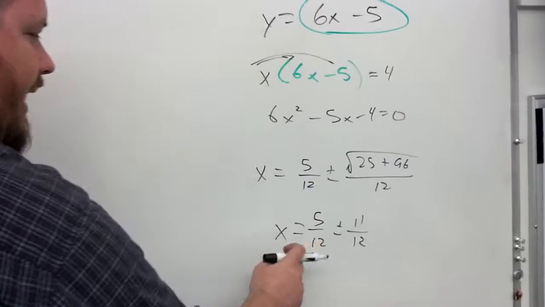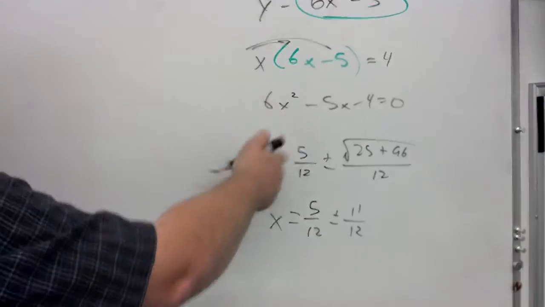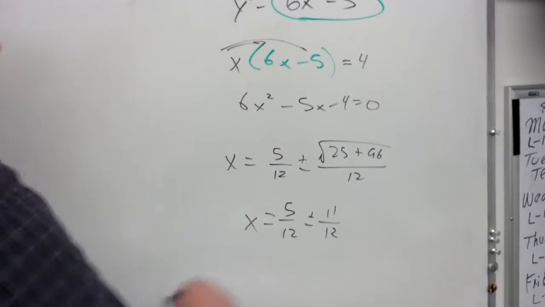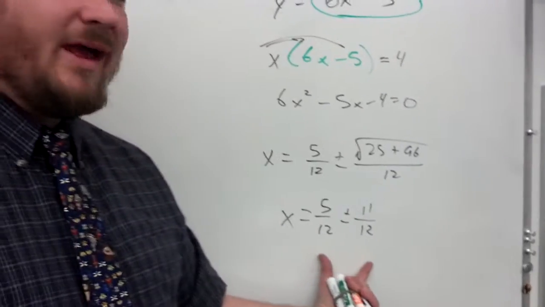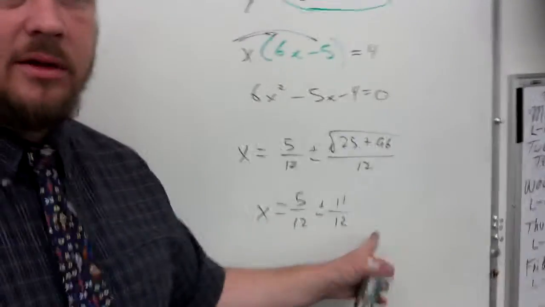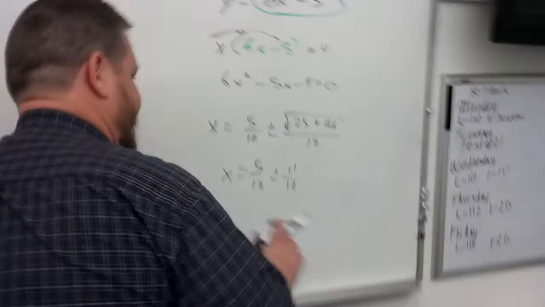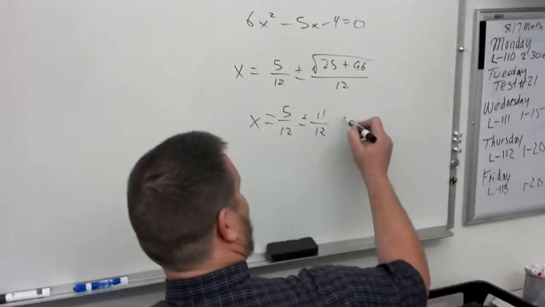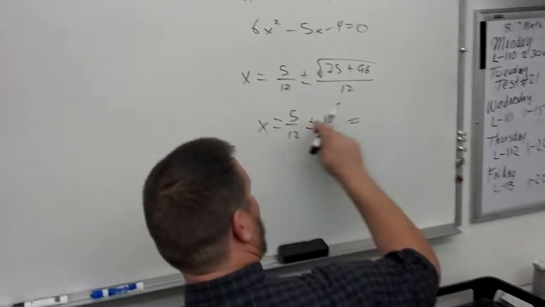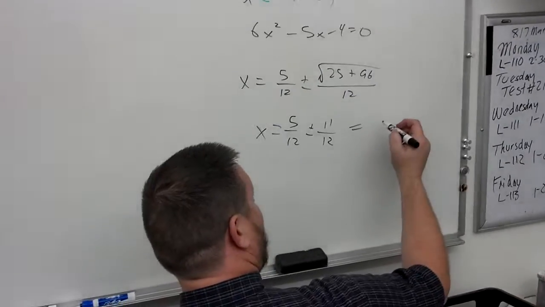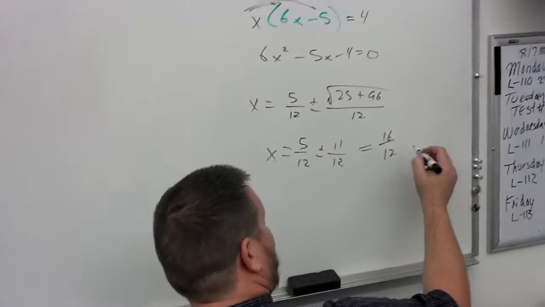So using the quadratic formula on this, x equals this. Well, these are like terms. I don't have a radical and I don't have an i. I can combine these. So let's say what the two x's are. What's 5/12 plus 11/12? That's 16 over 12.